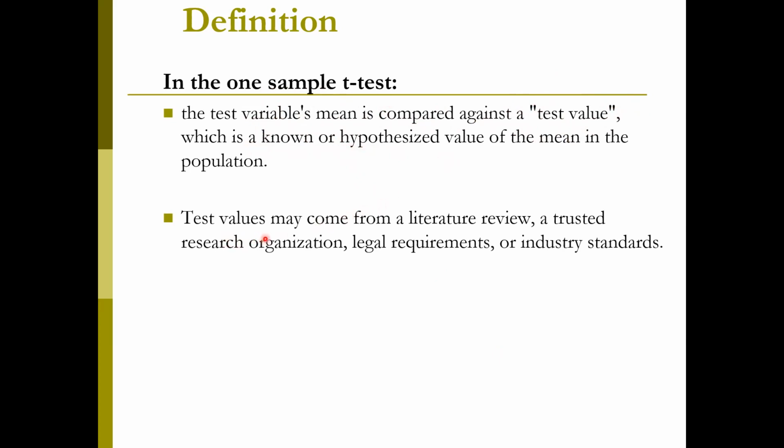The test value may come from a literature review, a trusted research organization, a legal requirement, or an industry. For example, a survey over the period can establish the fact that before you get to a junior high level, you must have attained a certain age.